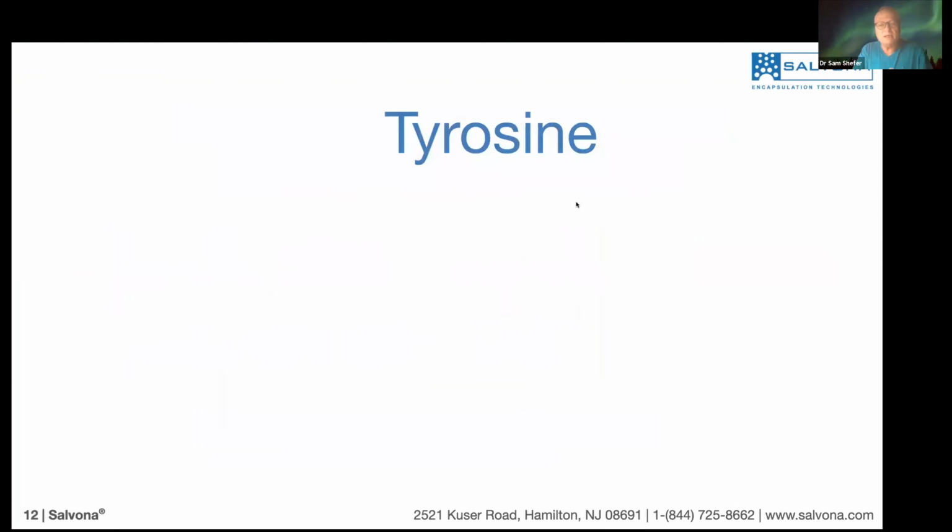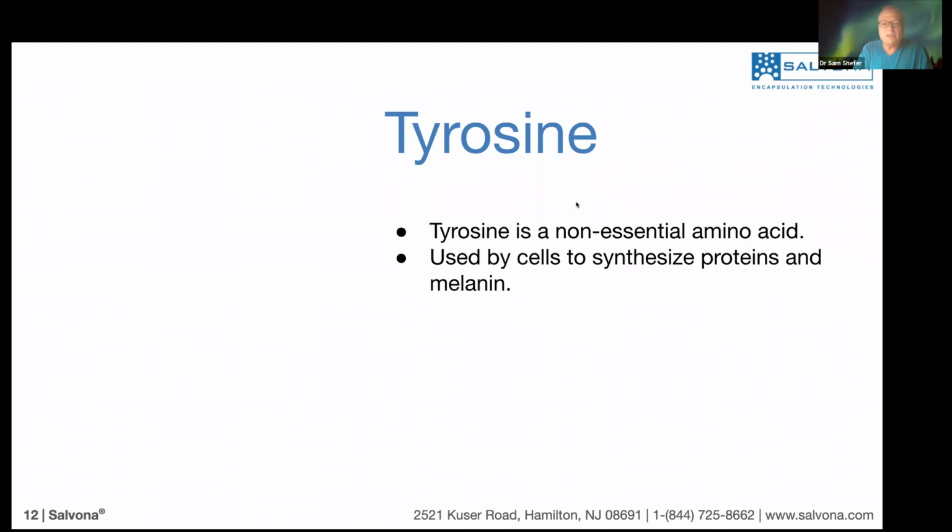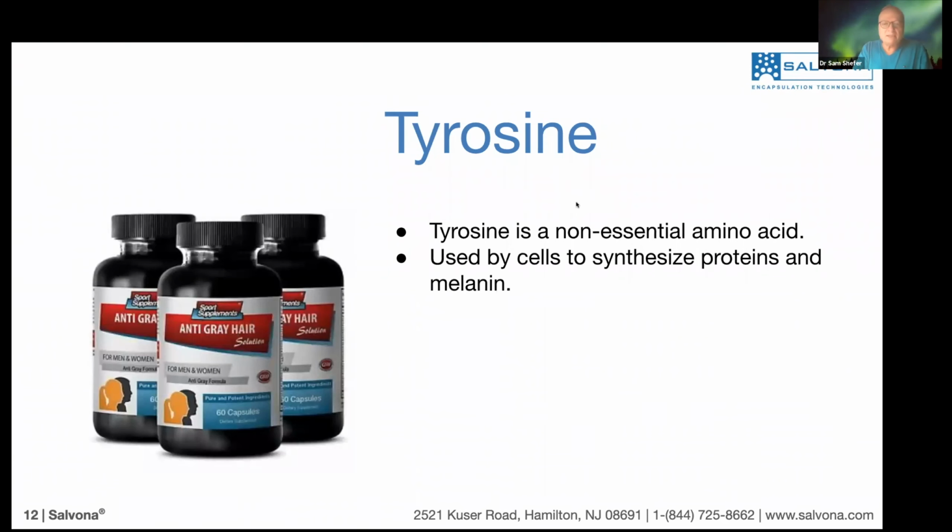Now, what can we do? We understand that tyrosine is the key ingredient. Tyrosine is not an essential amino acid because the body can produce it, as I just showed you through phenylalanine. So what people typically use are tablets that you are familiar with when you see them on the shelf.